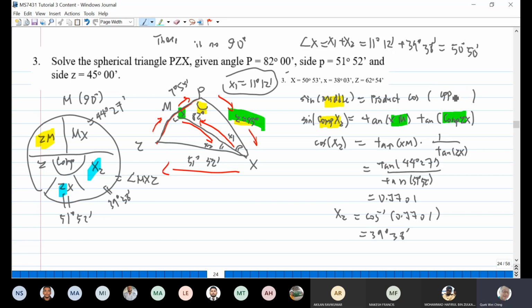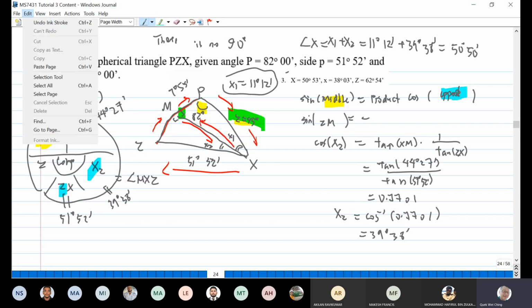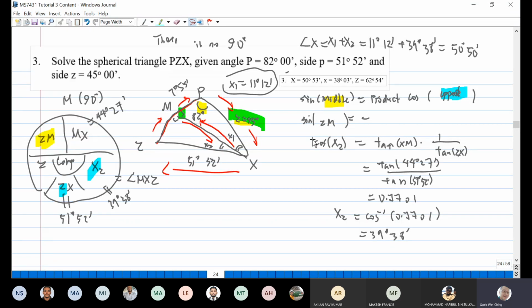Opposite are usually a blue color here. So this product of cosine also ends up to this now. ZM I can find straight away. Okay, then find the selection tool. I don't need this anymore.